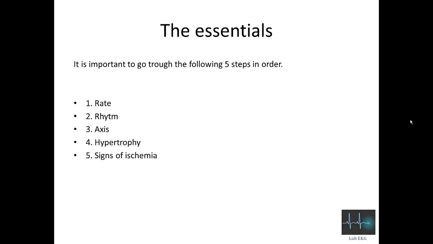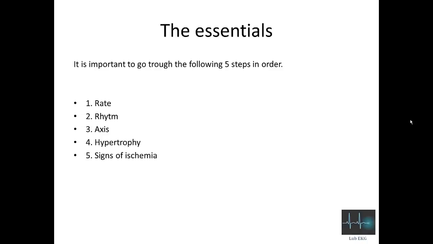First of all, we have rate, and when we talk about rate, we talk about the beats per minute, how many beats you have per minute. When we talk about rate and arrhythmias, it's also very important that we know how to analyze the different intervals that we have. We'll talk more about that.